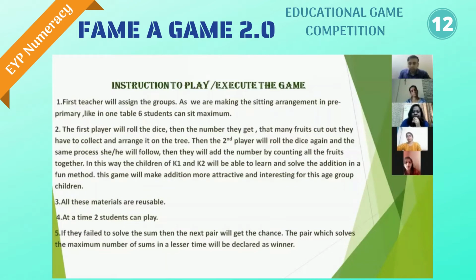In this way, they will get the result of the addition. The first number will be kept and the second number will also be kept. At the end, they will get the result by counting the fruits together.